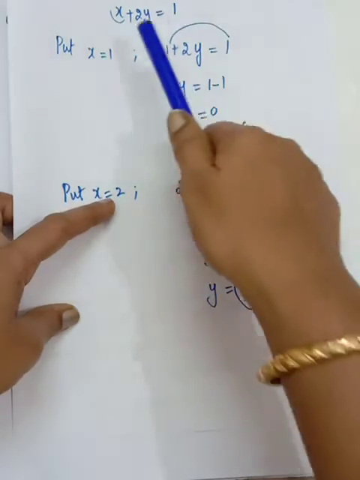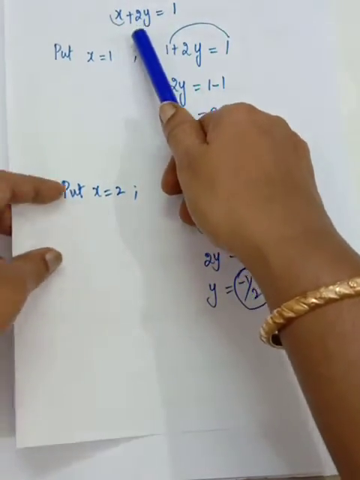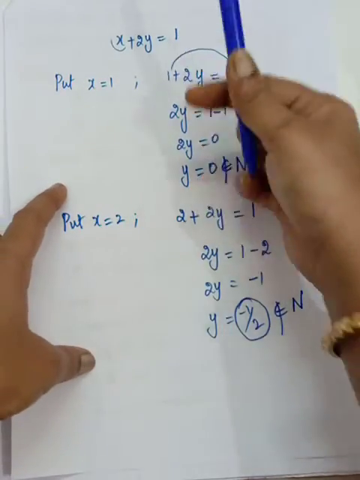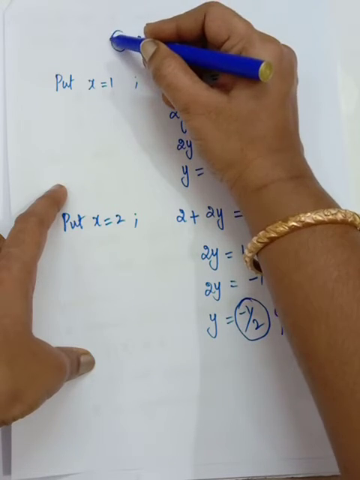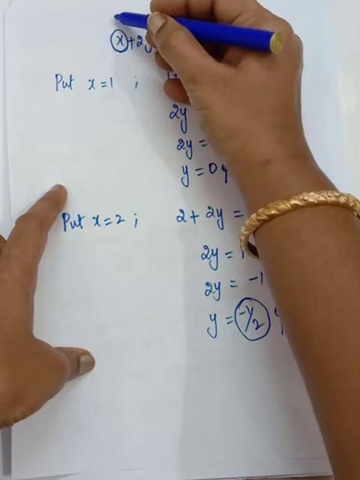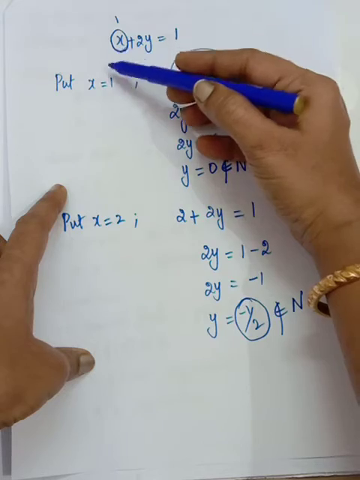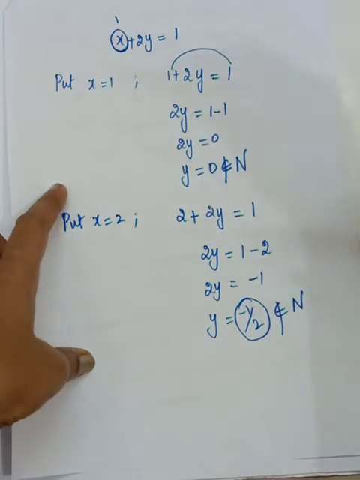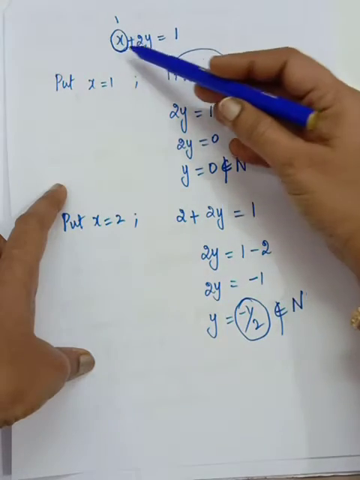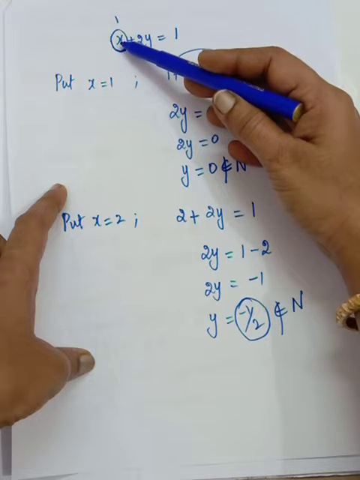Look at this: in the condition x plus 2y is equal to 1, the minimum natural number is 1. If you consider the next consecutive natural numbers, everything is greater than 1.